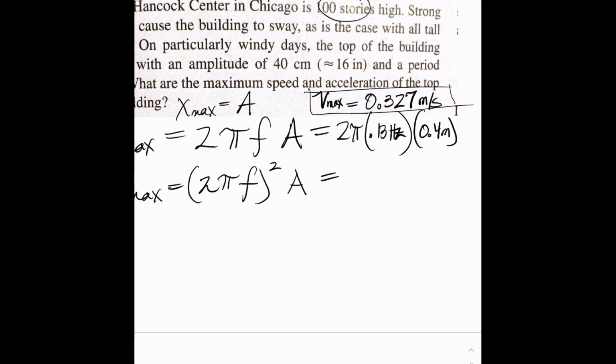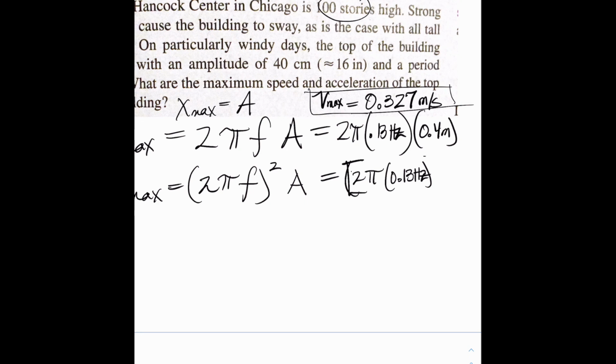Okay. So getting the acceleration maximum. How should we best do this? I guess just 2 pi times the frequency, which is 0.13 hertz.